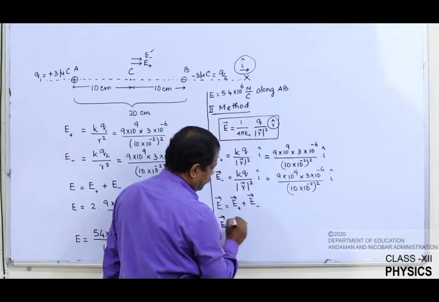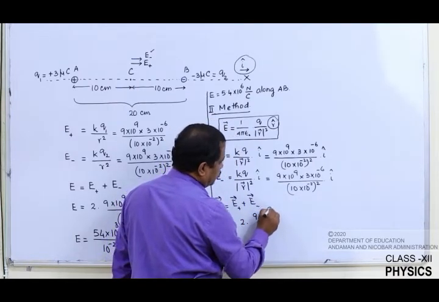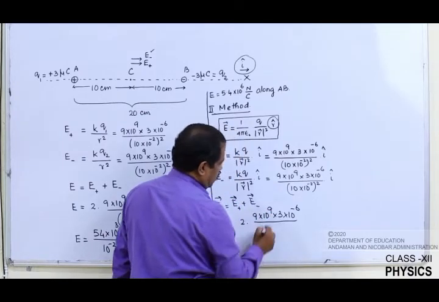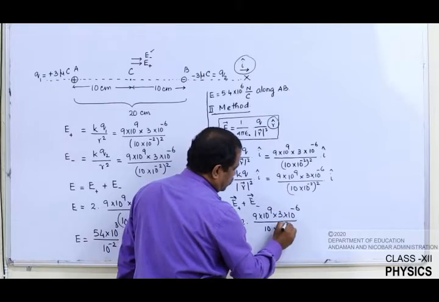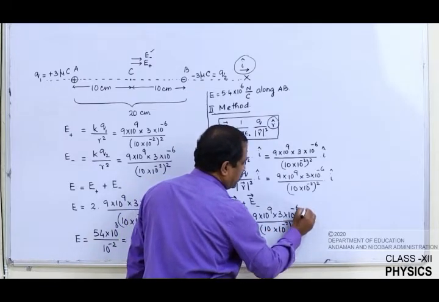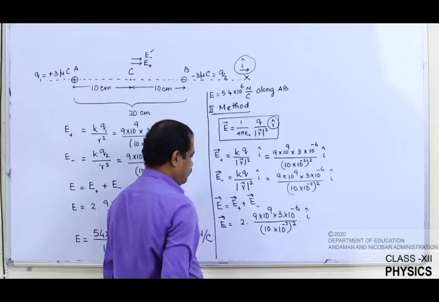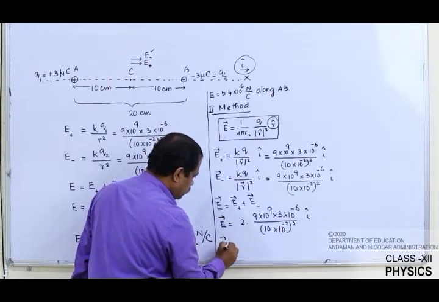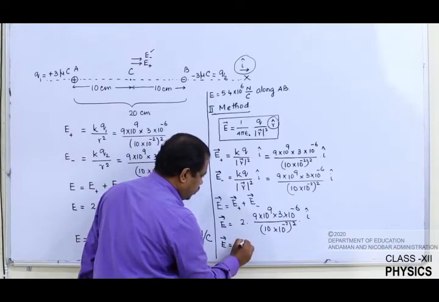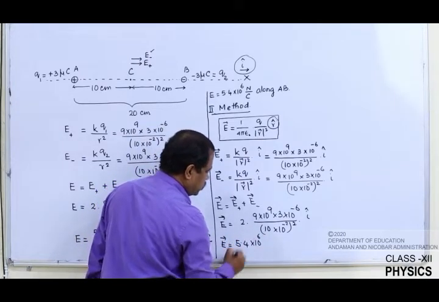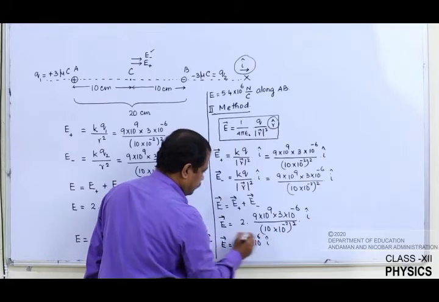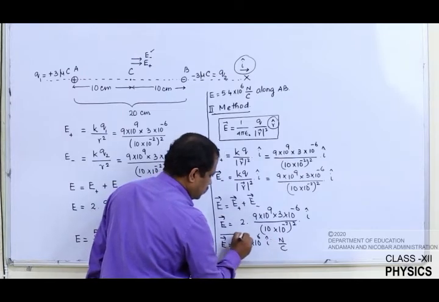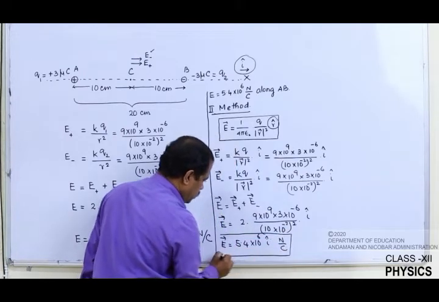So 2 times 9 into 10 power 9 into 3 into 10 power minus 6 divided by 10 into 10 power minus 2 the whole square into i cap, because i plus i will give me 2i. This works out to E equal to 5.4 into 10 power 6 i cap Newton per Coulomb, and this is the answer in vector form.